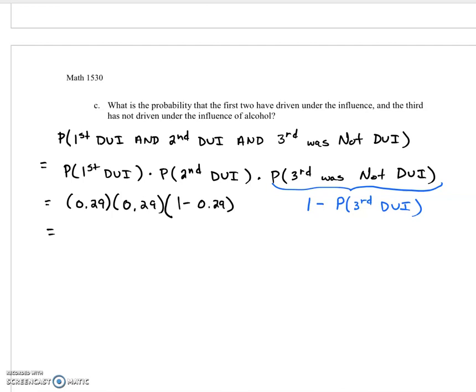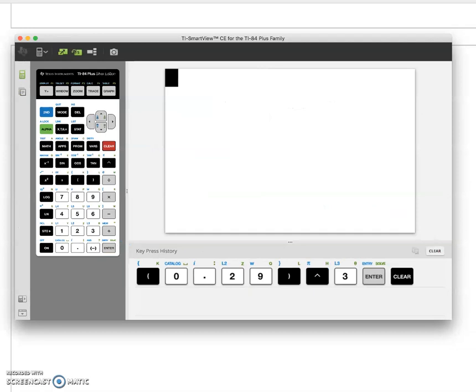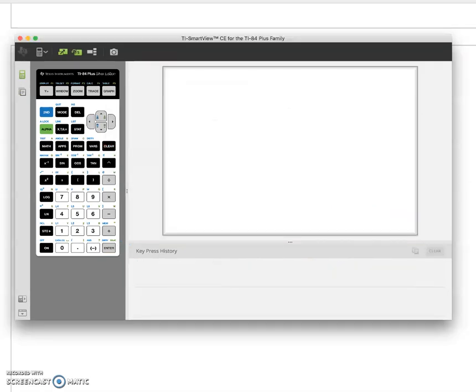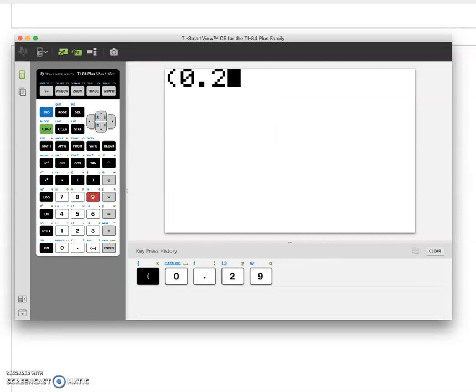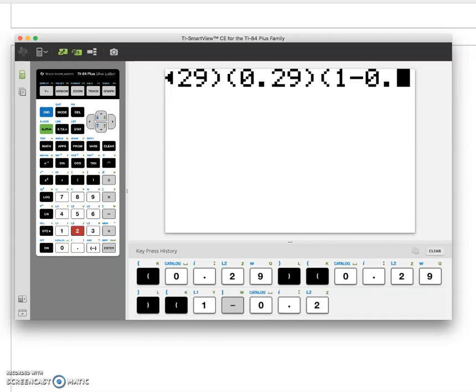And we just put all that in the calculator, so here we go. And clear all this out. We have 0.29 times 0.29 times 1 minus 0.29.